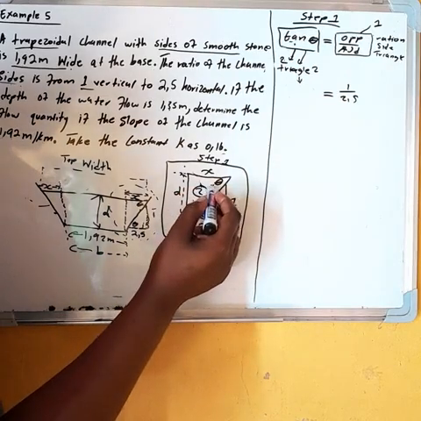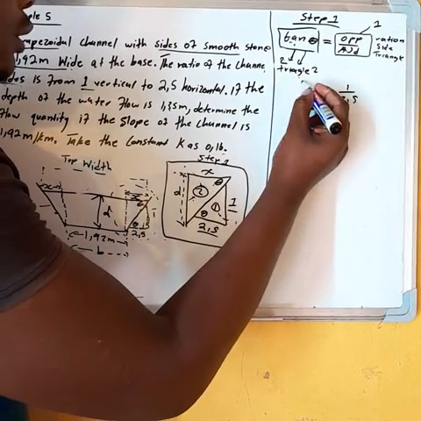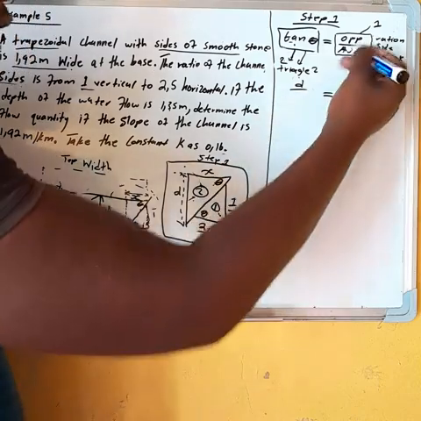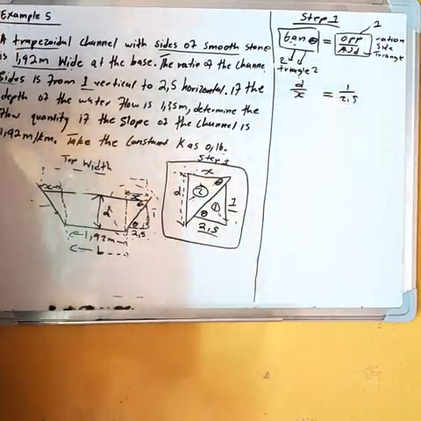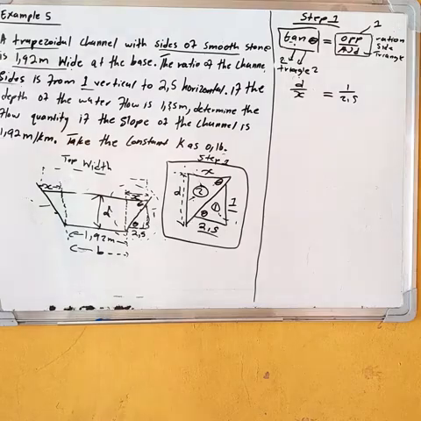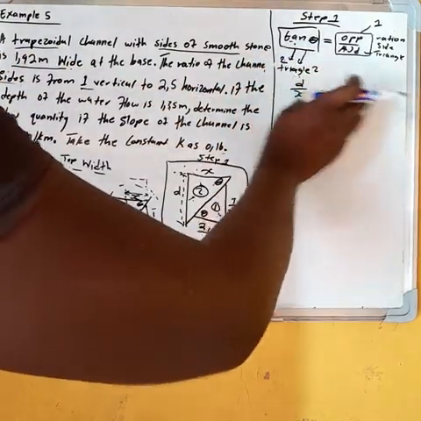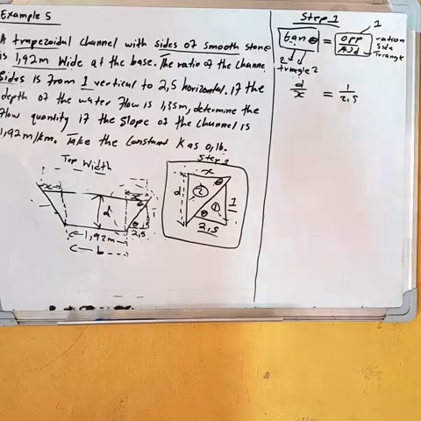Here, opposite is this side, it's D. You write D over adjacent, again it's x, it's adjacent. You see what we got. Information for triangle 2, information for triangle 1, but we know tan is opposite over adjacent, you understand?